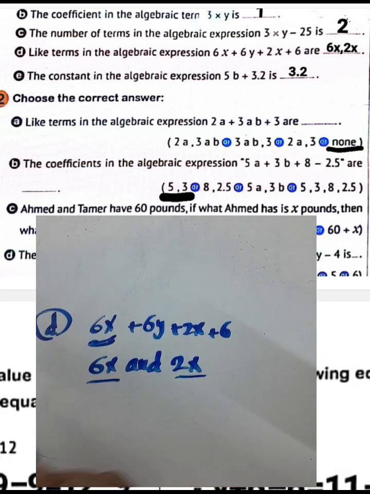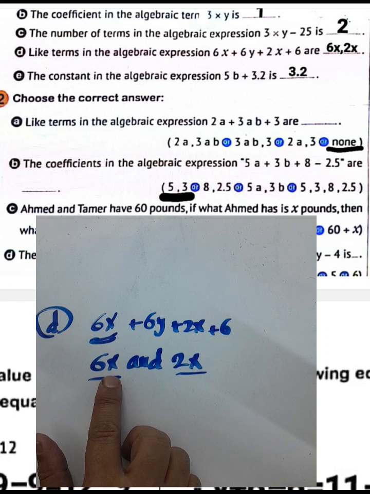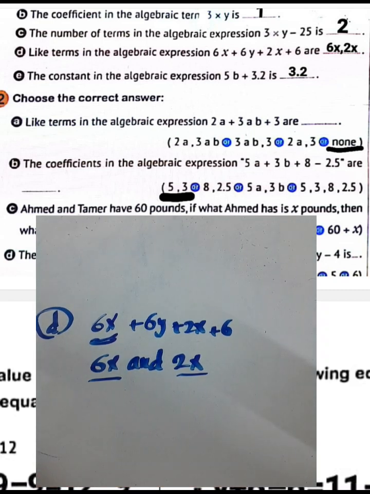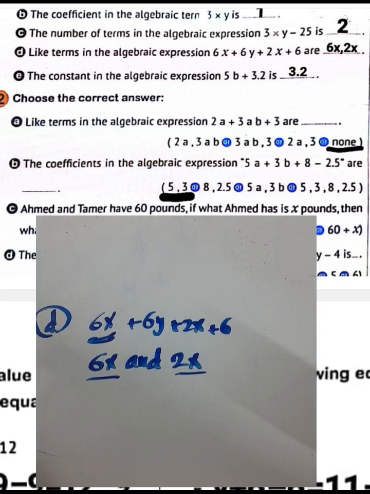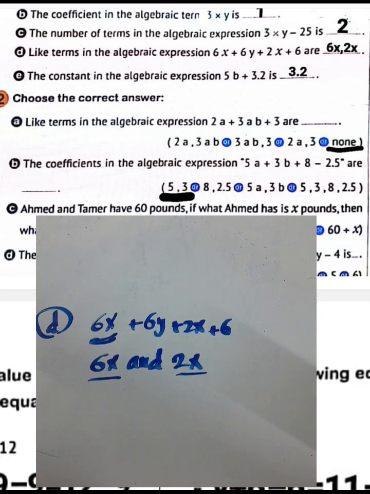We call them like terms. Like terms means the algebraic factor is equal. So 6x and 2x are like terms.